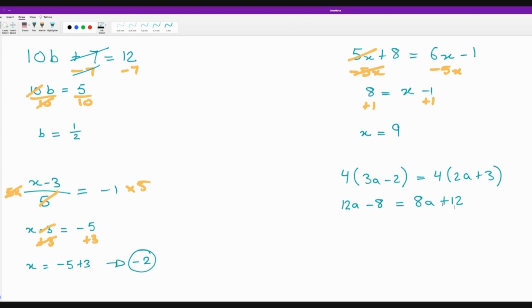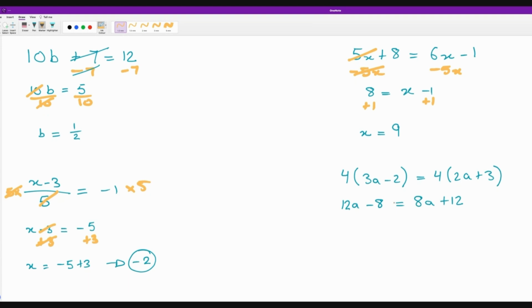Now that we've expanded the brackets, we've got rid of them, we can see we have pronumerals on either side. So 12a and 8a. So the goal here is to now move them both to the same side and ensure that when we move them, they are positive.